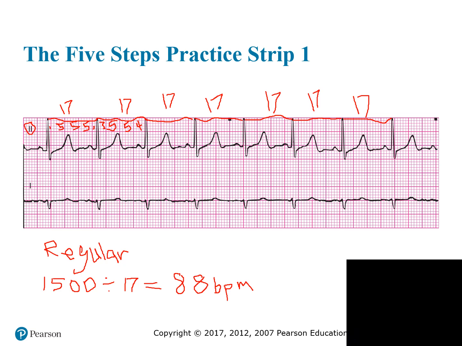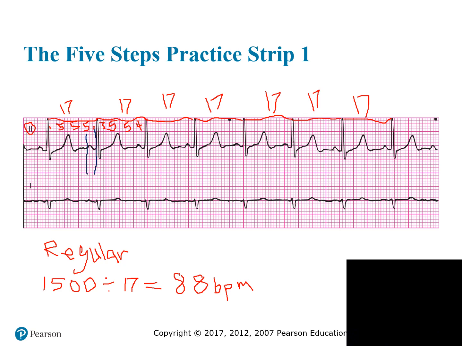So let's take this particular P right here. So we're going to go from the beginning of P, which is here, to just before QRS. Now this one just happens to have an understood Q, and the interpretation says PR interval is the beginning of P to the beginning of QRS.